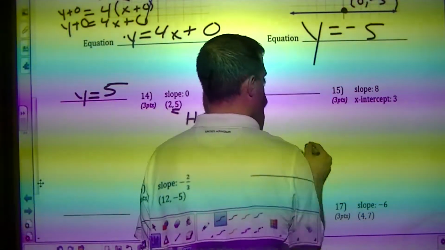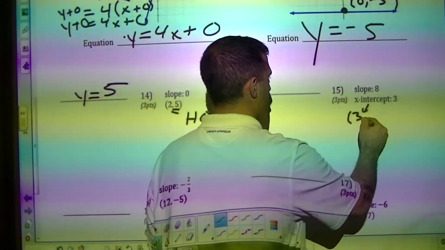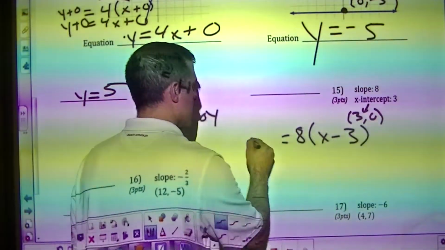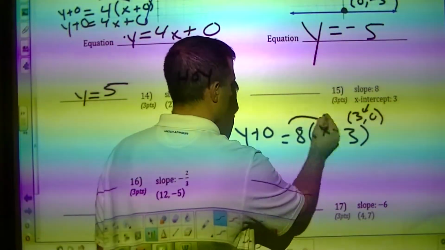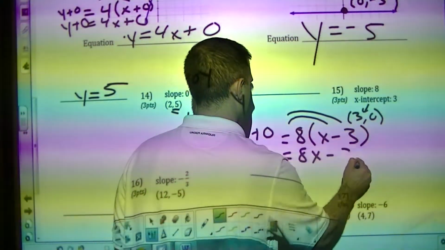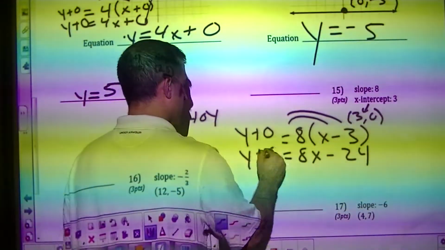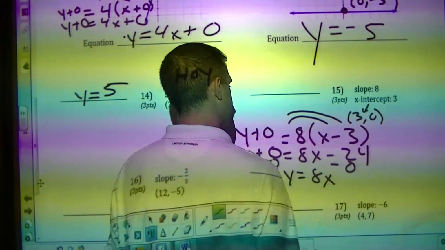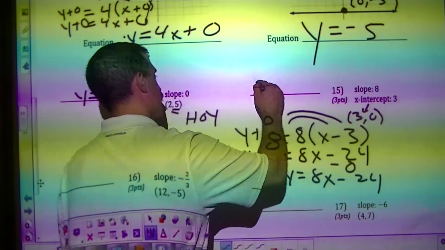Slope of 8, okay? X-intercept, those coordinates would be 3, 0, so x minus 3, y plus 0, I would distribute that. Okay, subtract 0 from that, that's going to be y equals 8x minus 24.